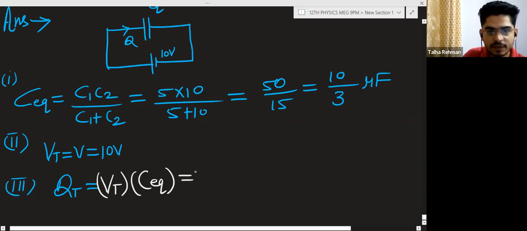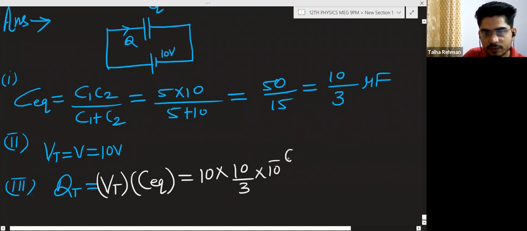VT is given by 10 and C equivalent is 10 by 3. This is in microfarad. We have to convert this to 10 to the power minus 6. This will become 10 to the power minus 4 divided by 3 coulomb.